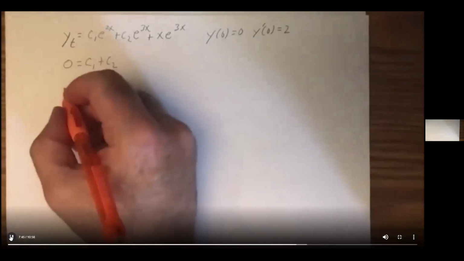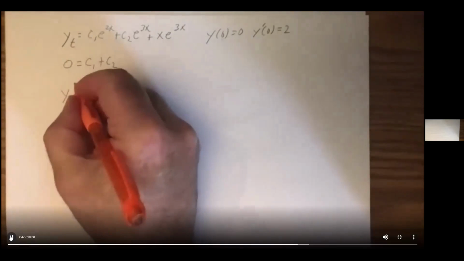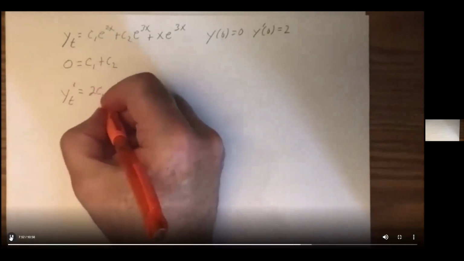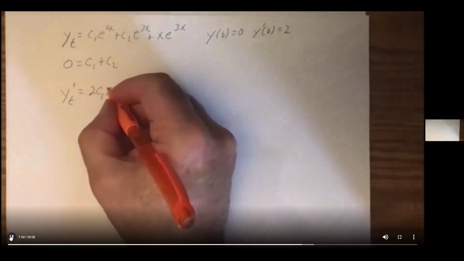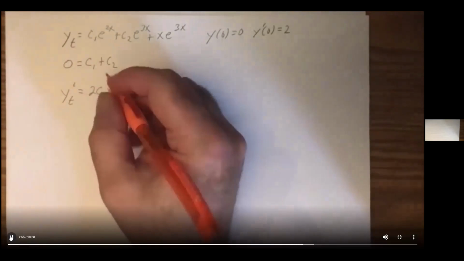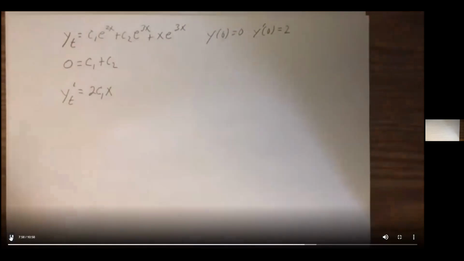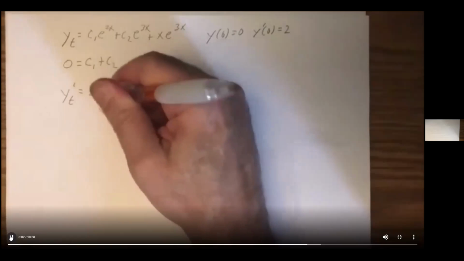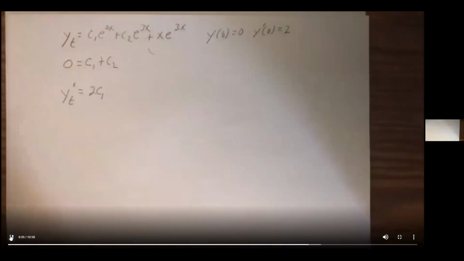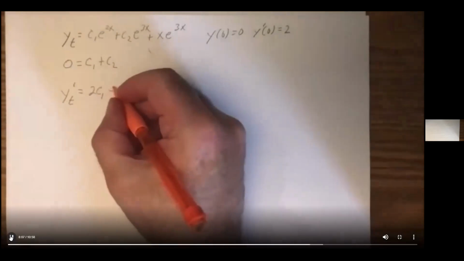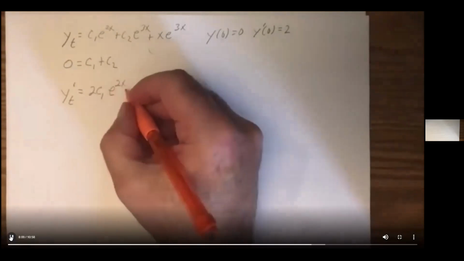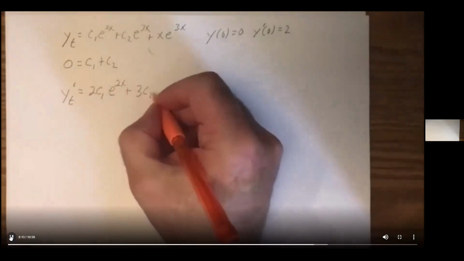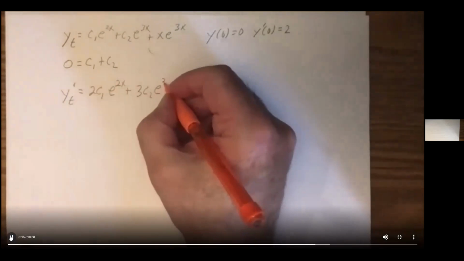Now I've got to take the derivative. I'm going to get 2c1 e to the 2x plus 3c2 e to the 3x.